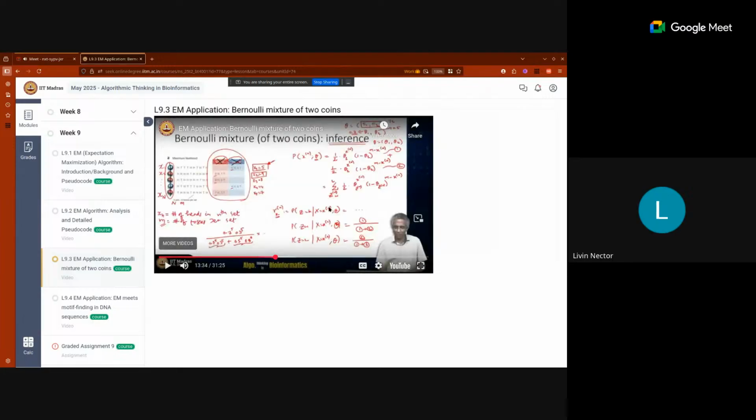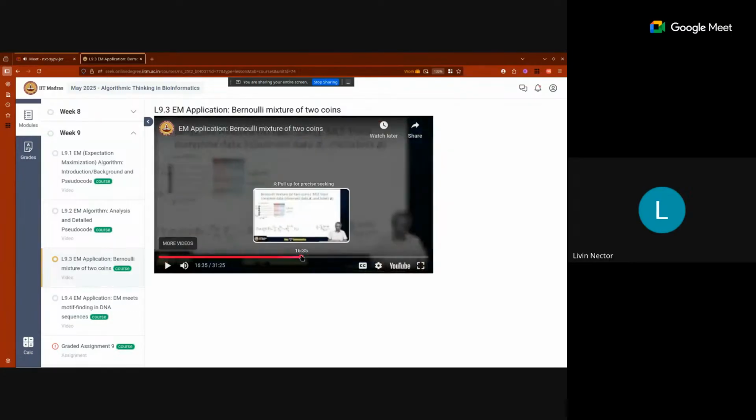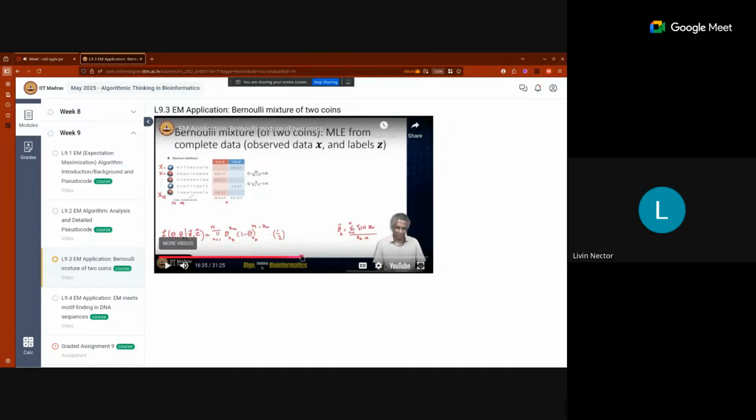So in this case, these are easy to find if we know from which coin the sample is generated, right? Otherwise, what you have to do is this, the overall product of all these things.